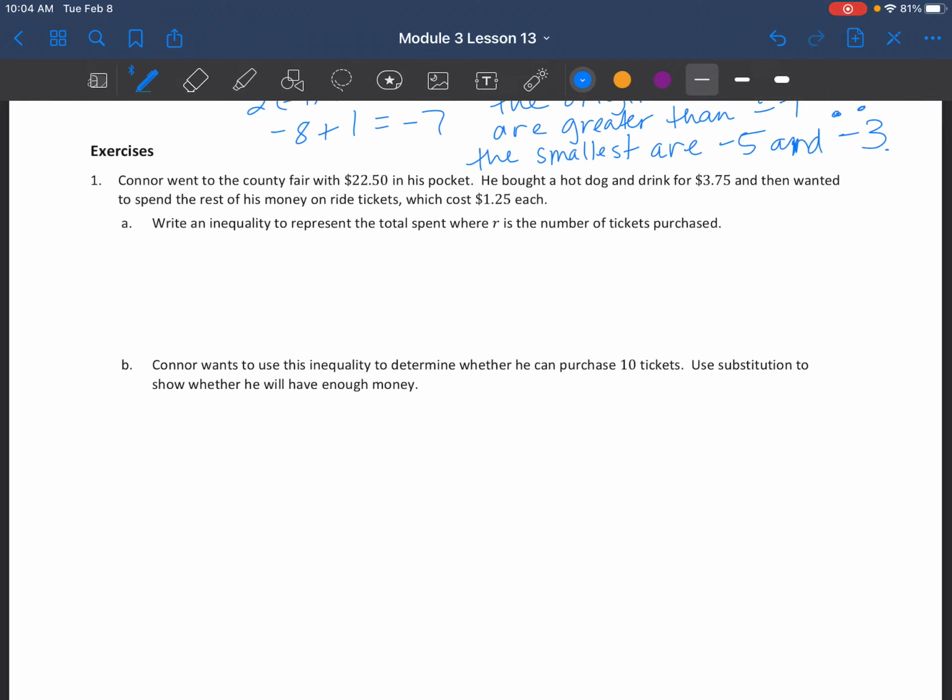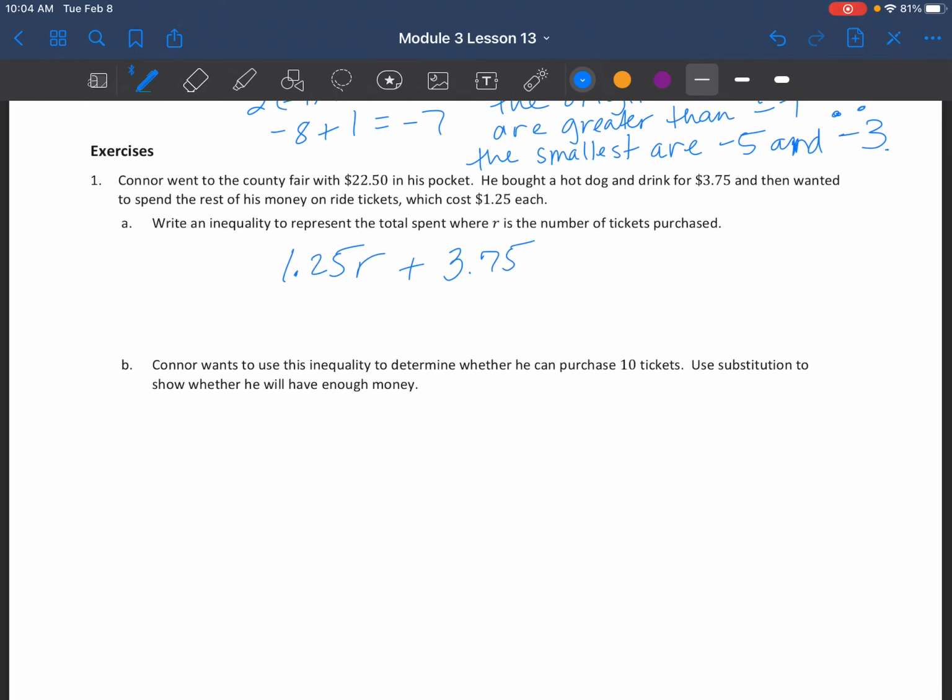Connor went to the country fair with $22.50 in his pocket. He bought a hot dog and a drink for $3.75 and then wanted to spend the rest of his money on ride tickets, which cost $1.25 each. First, we're going to write an inequality that represents the total spent, where R is the number of tickets purchased.